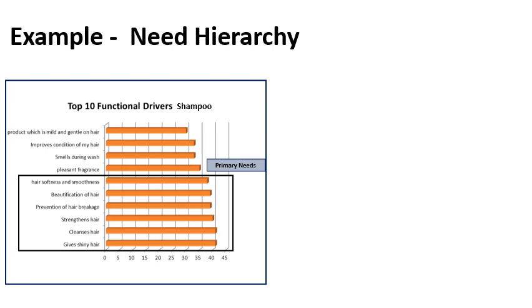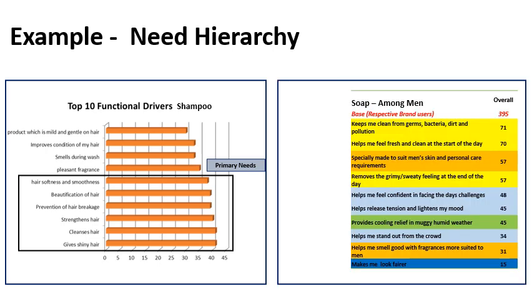So these are therefore the primary needs. And then we also have some secondary needs, that it needs to have good smell, good fragrance, but those are secondary needs. The primary needs are these, and if your product is not delivering on those primary needs, then you will have a problem as a brand.